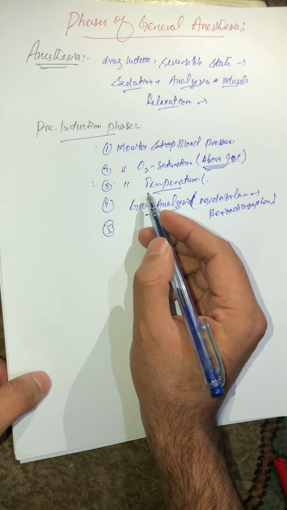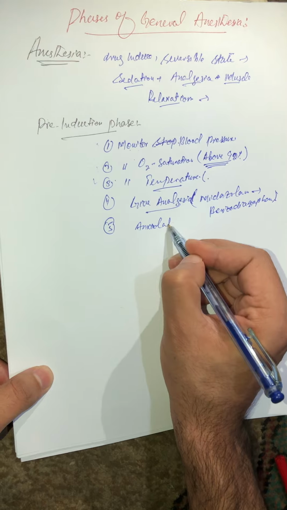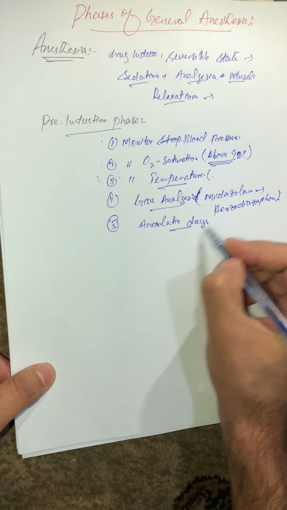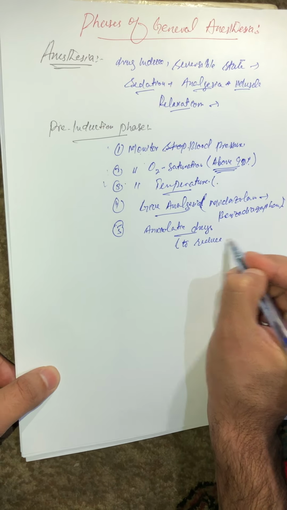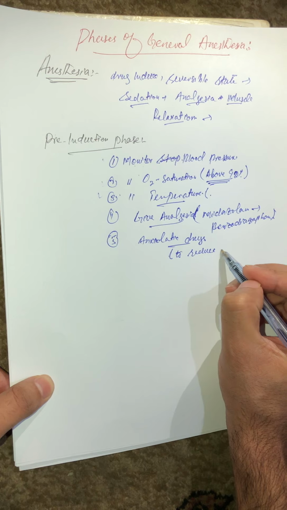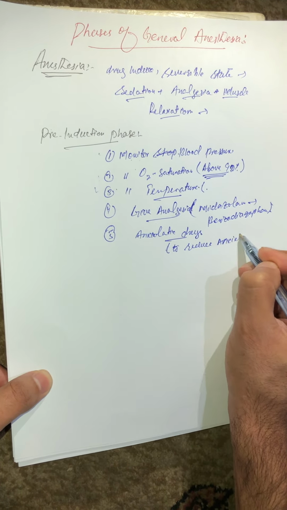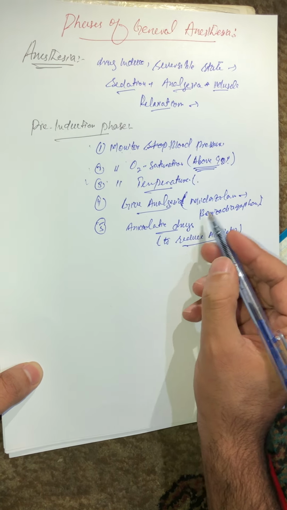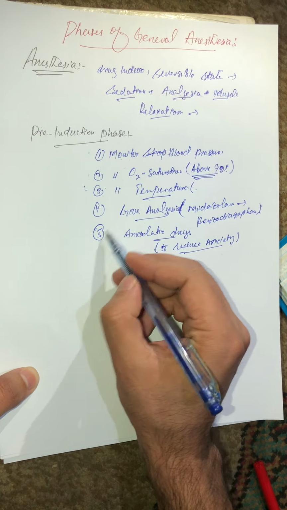The fifth step is give anxiolytic drugs. Anxiolytic drugs are to reduce the anxiety of the patient before giving the sedation. Because if the patient is anxious, there may be some post-operative complications.